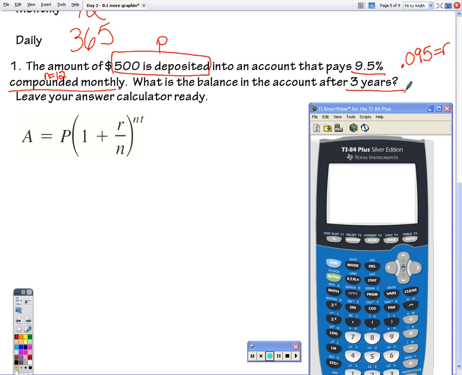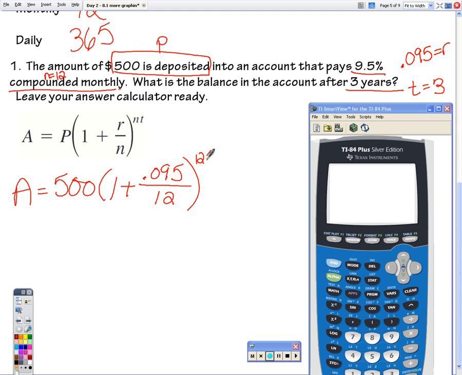And 3 years is T equals 3. So I'm going to plug all of those into our formula in the corresponding location. The way this looks with the numbers just plugged in, this is calculator ready.